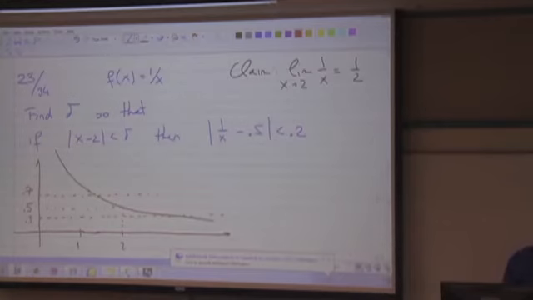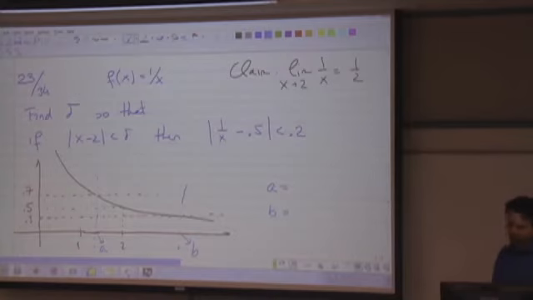Well, what are these values here? So if I bring them down, I'll call this A, and what is B? A is 10 over 7, and B is 10 over 3.